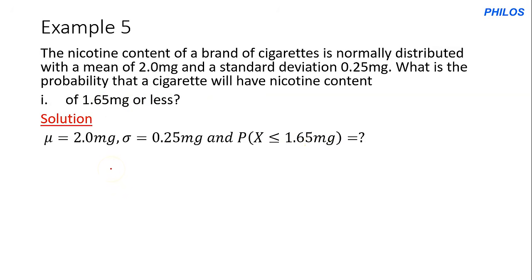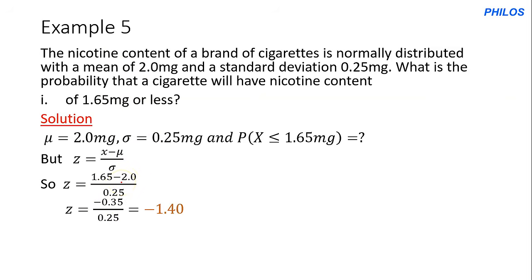So to work this, first we need to find the z-score. The formula for the z-score says x minus mu divided by standard deviation, isn't it? When we substitute in this formula, our x is 1.65. So when we put it in, minus the mean is 2, and then the standard deviation is 0.25. So 1.65 minus 2 will give you negative 0.35.